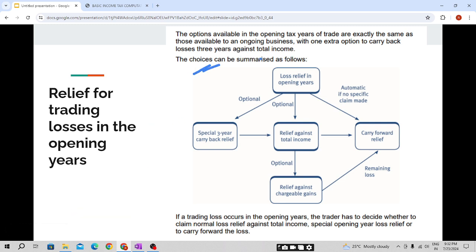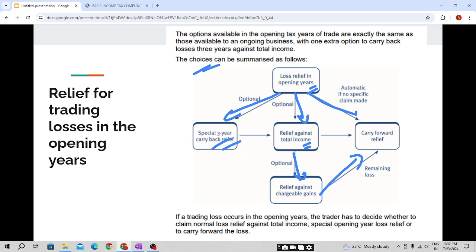So the choice can be summarized as loss relief in opening years. The first one is the same as ongoing years: the ongoing option, or carry forward directly. And if relief against total income, there is a further option of chargeable gains, then the remaining loss. But we have a special 3-year carry back relief.